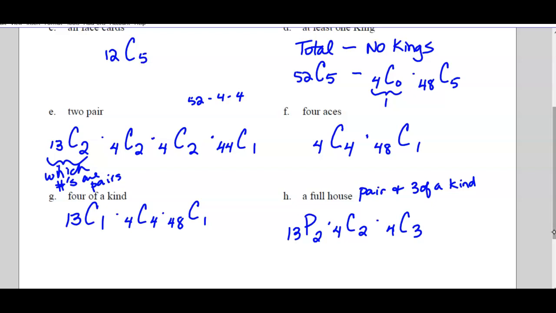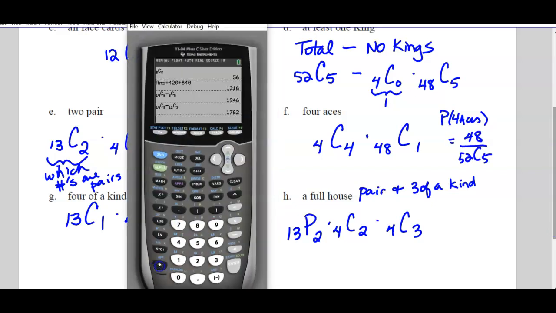So the probability here of 4 aces is 48C1 over 52C5. 48C1, if you do that in my head, is 48.